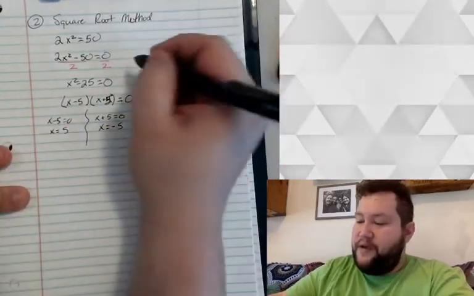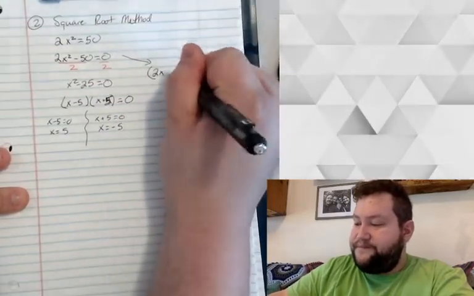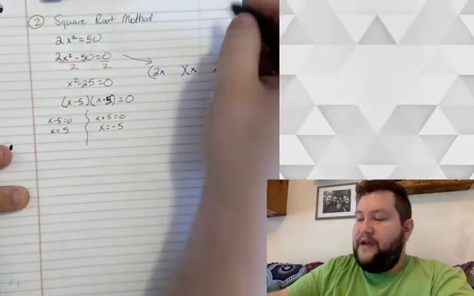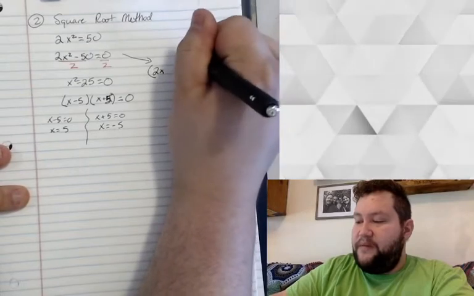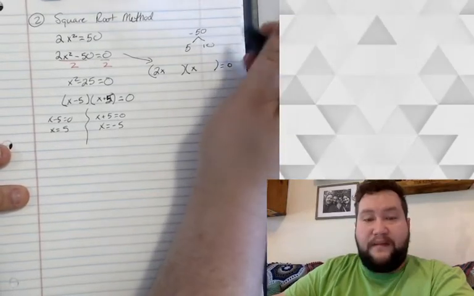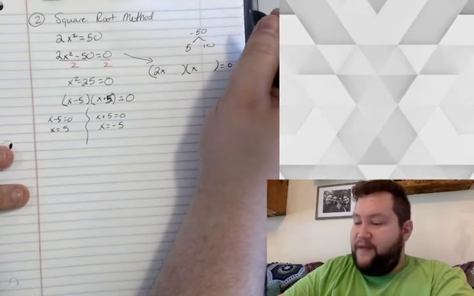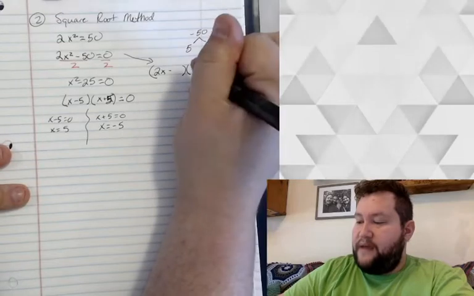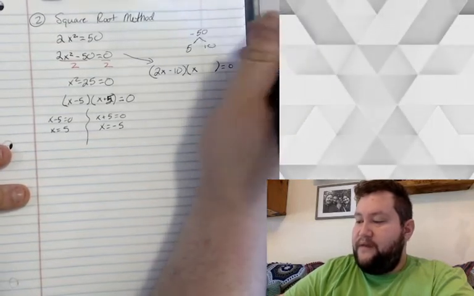Now just to show you how you would do this without dividing by 2, you'd have a 2x and an x. We need two factors of negative 50 that when one of them is multiplied by 2, they sum to 0. Well, it turns out that's 10 and 5, and it doesn't matter which one has our negative.